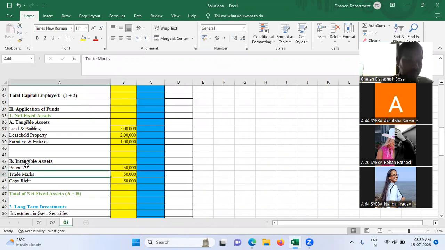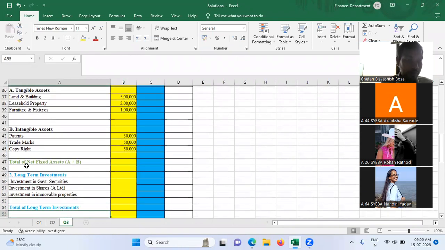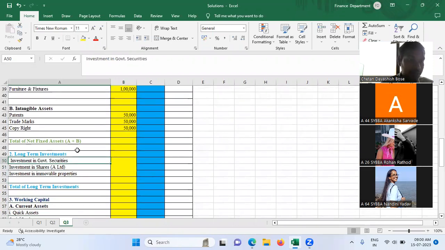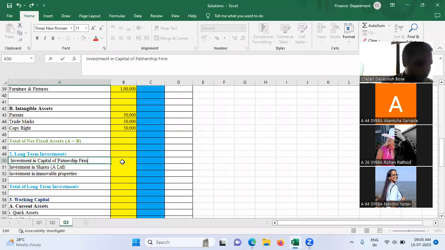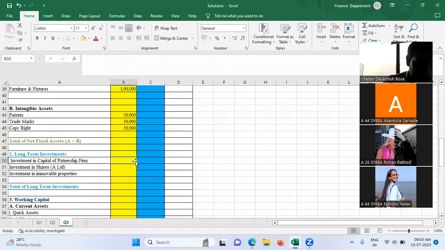So I will go to the investment column, that is long-term investment, and I will write here investment in capital of partnership firm. What is the amount given in the question? The amount given in the question is 1 lakh rupees.